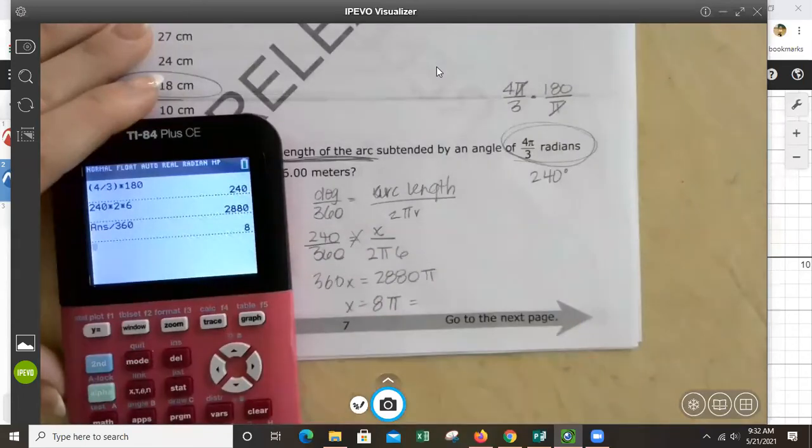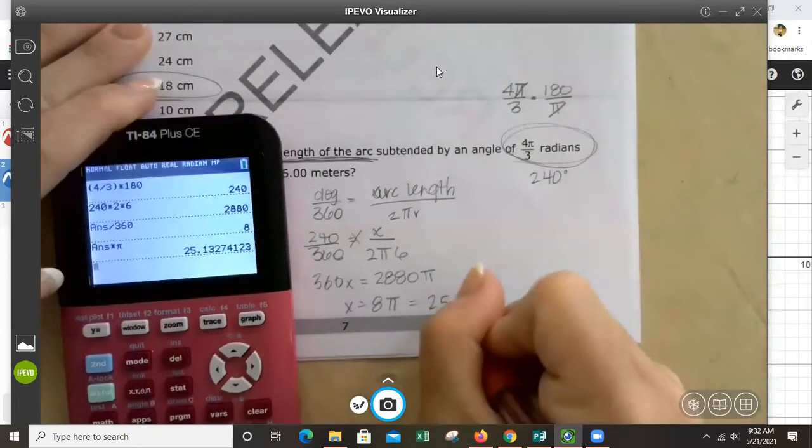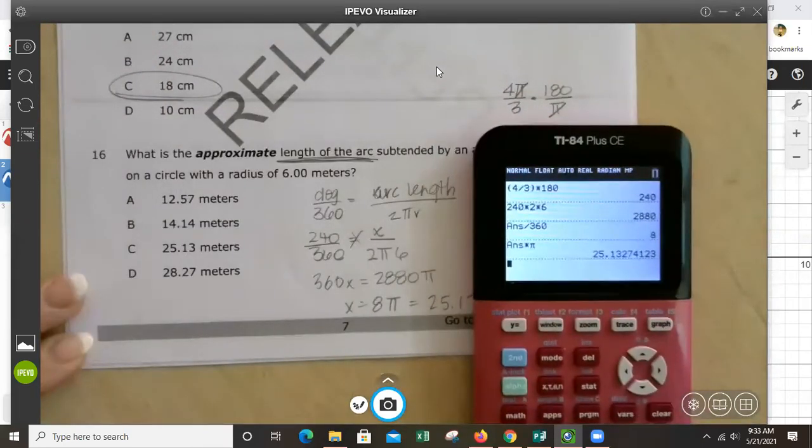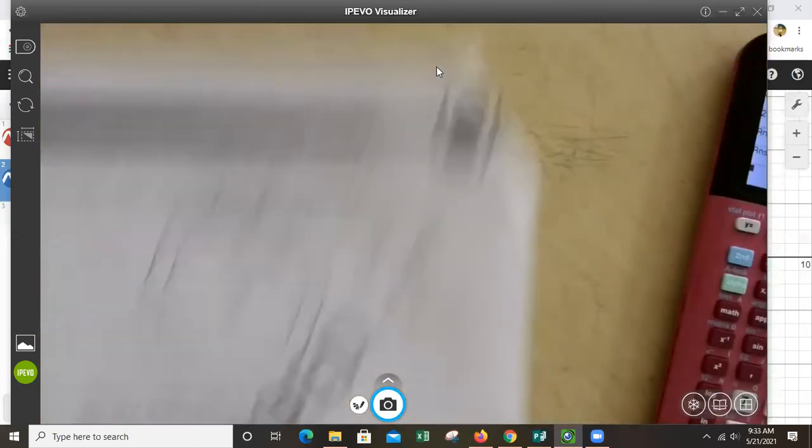You get 8 pi. When I put that in my calculator, I get 25.13, so that I don't have to worry about rounding. That's the only reason I keep it in terms of pi. Not too bad, right? Just got to know what they're asking for and how to switch it back and forth.